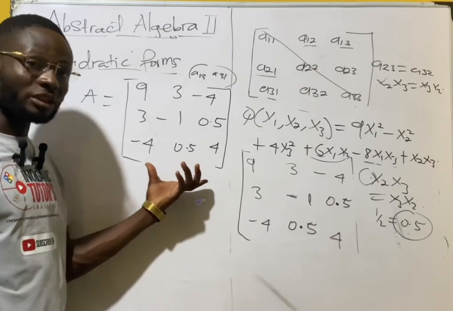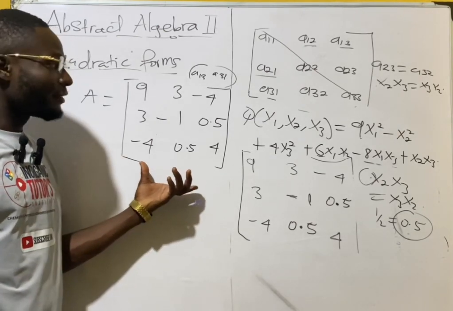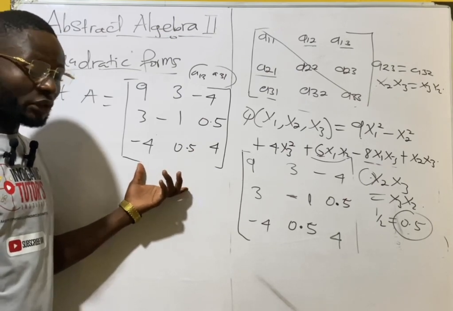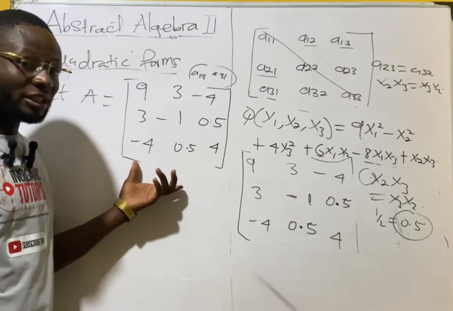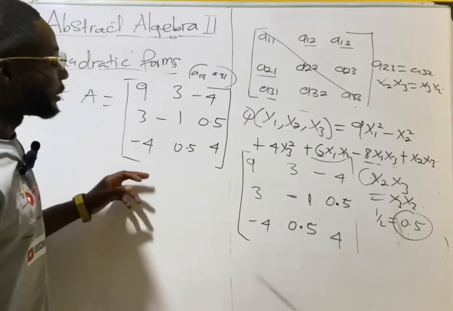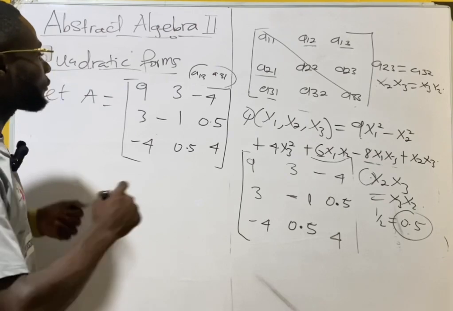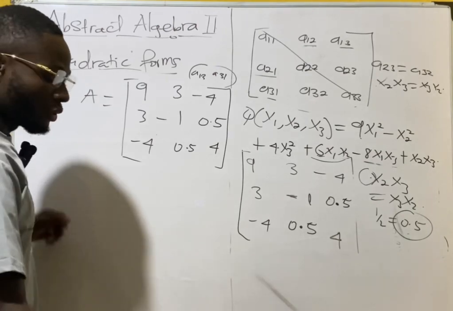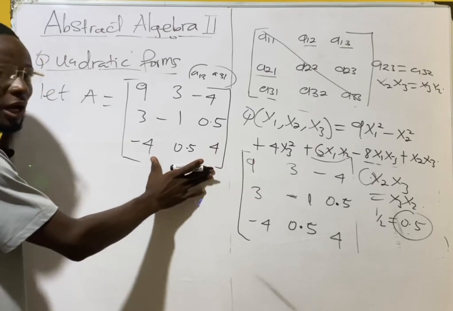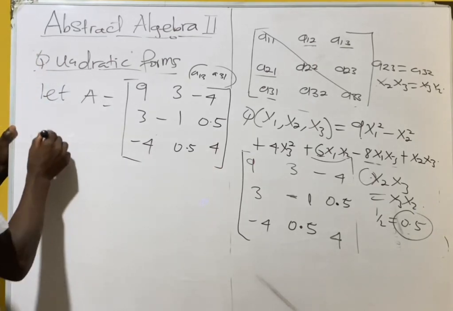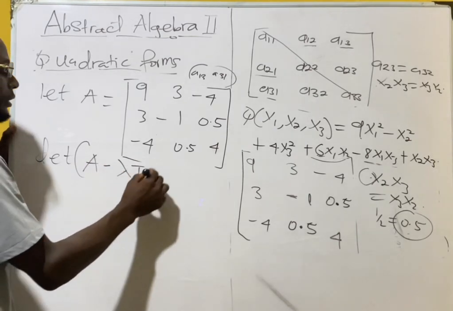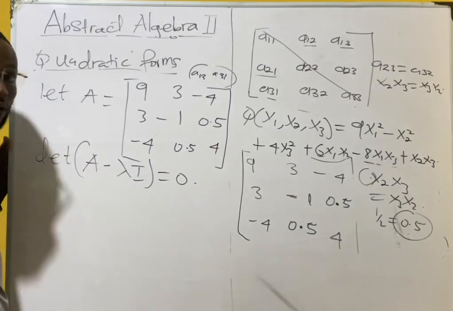Once we have determined the matrix from the quadratic form, we find the eigenvalues to be able to determine the minimum and the maximum values of the constraint. We know how to determine the eigenvalues: the determinant of the matrix minus lambda I is equal to 0.